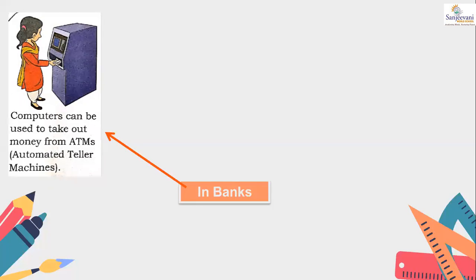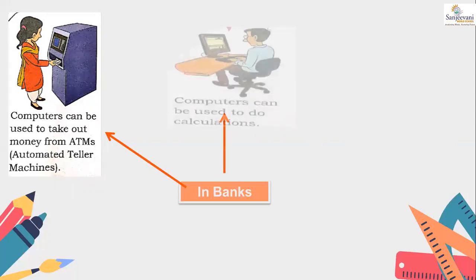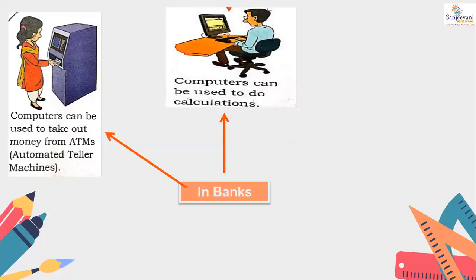The computer stores all the information and the ATMs use computers to process the money and give it to us. The next use of a computer in a bank is to do calculations: how much money has been withdrawn, how much money has been deposited.